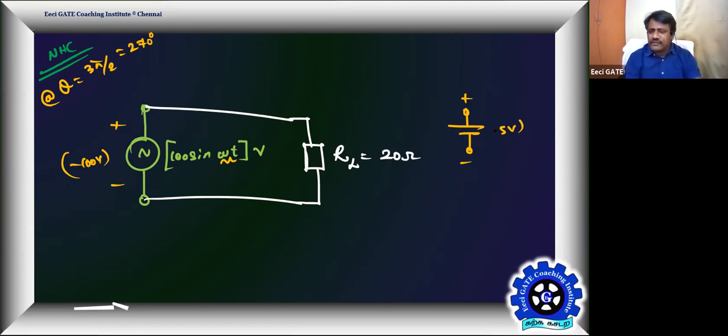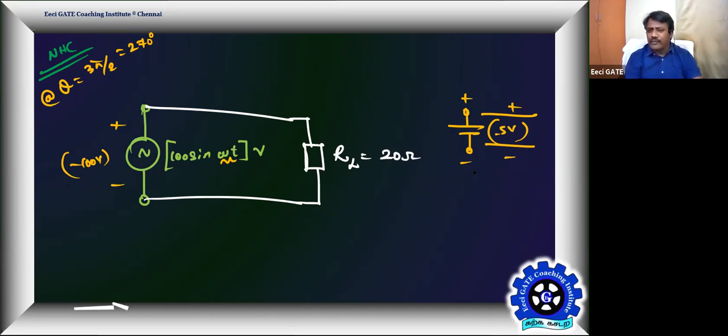If I say minus 5, what I mean is that the potential difference across this, which you designated earlier as plus and minus, I am giving as minus 5. What does it mean? Your assumption is wrong. It is existing in the opposite direction.